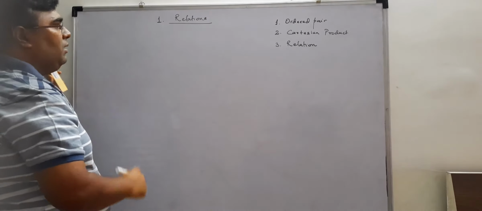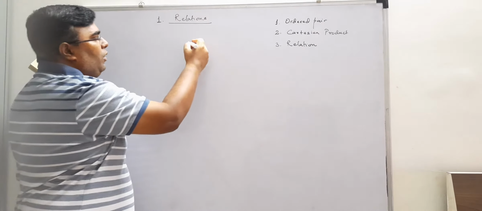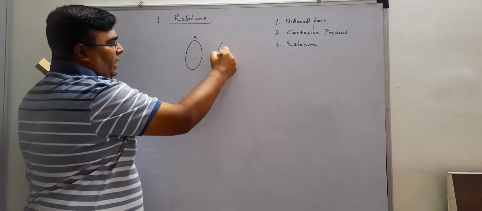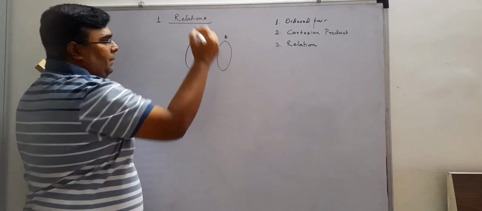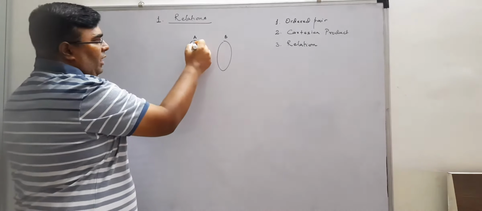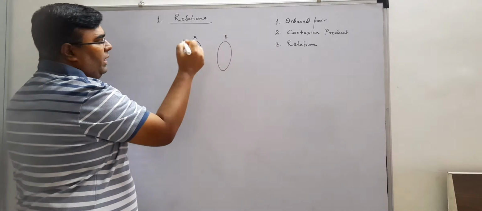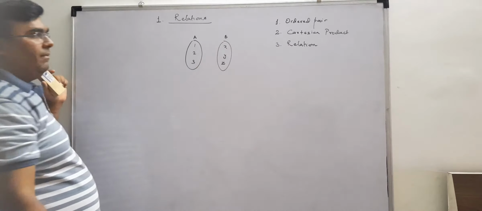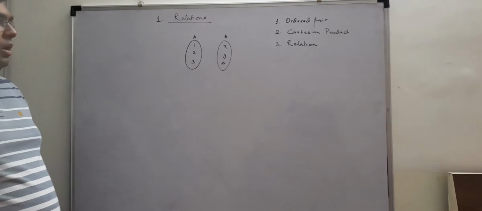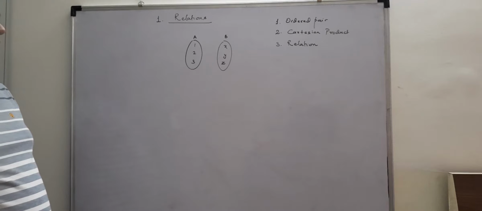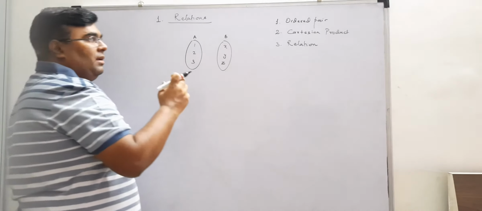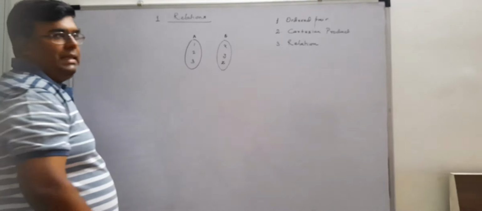Suppose there are two sets, A and B. In A we have elements like 1, 2, 3. In B suppose X, Y and Z. So an ordered pair is defined as basically that the first element should come from the first set and the second element should come from the second set.